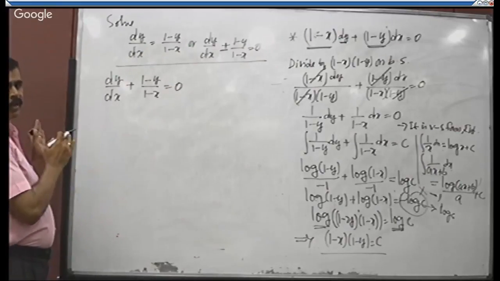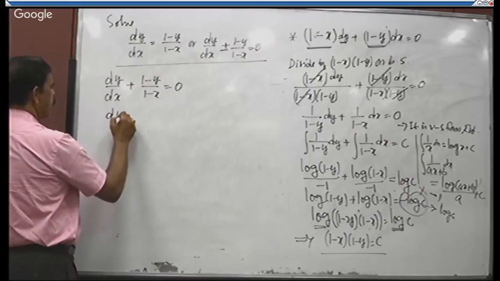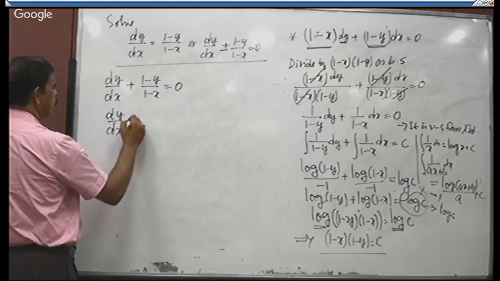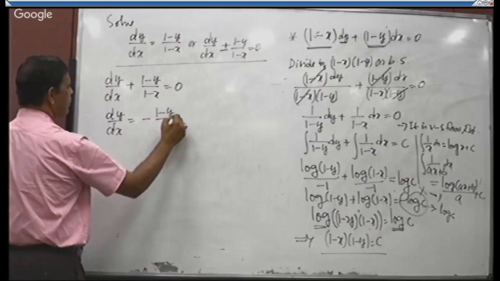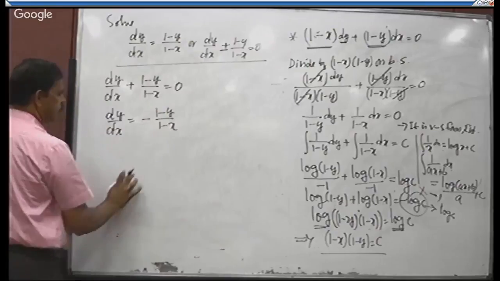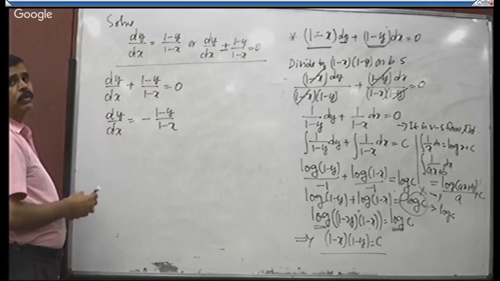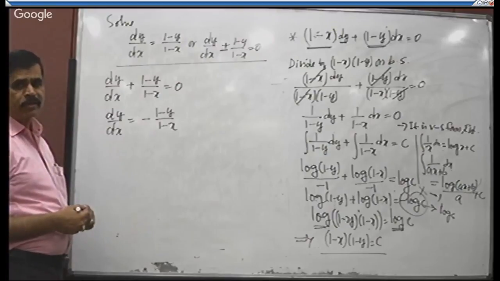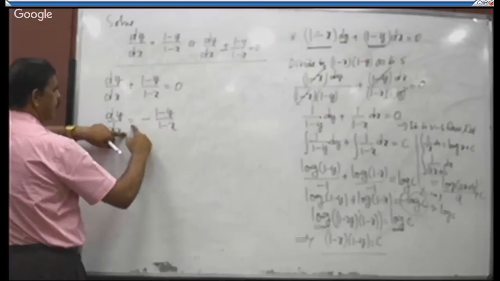Separate dy/dx and separate the other terms. See, dy/dx is equal to minus, plus becomes what? Minus (1 - y)/(1 - x). It is very simple to make variable separable form. We can interchange these two. Can we interchange?